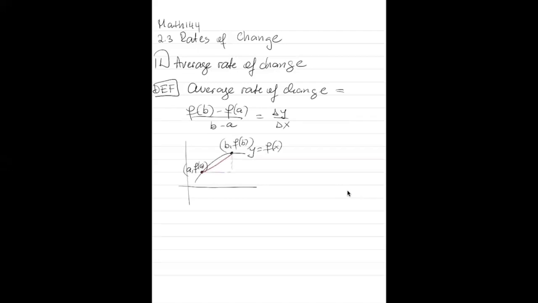The vertical change is f of b minus f of a, and the horizontal change is b minus a. That is exactly the slope, rise over run, which we call the average rate of change.